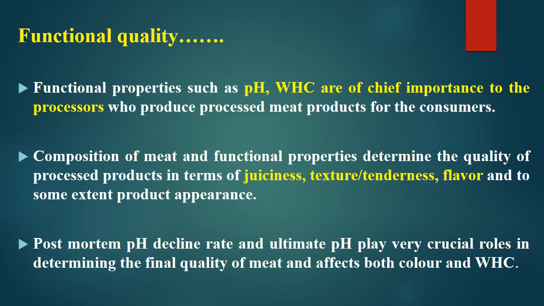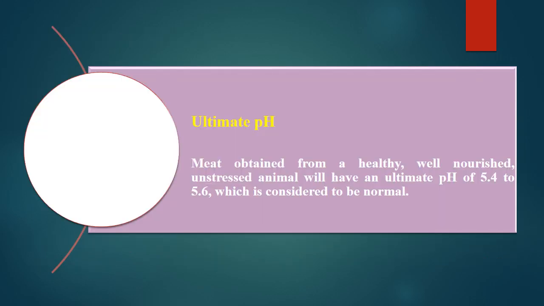We will discuss in more detail in the next lecture the background and science behind pH and water holding capacity of meat. As I mentioned, the ultimate pH of muscle is very important. This we have discussed in detail in an earlier lecture for undergraduates about the conversion of muscle to meat and the effect of different aspects of animals. So there is post-mortem glycolysis and decline of pH, and finally it goes to a point that is called the ultimate pH.